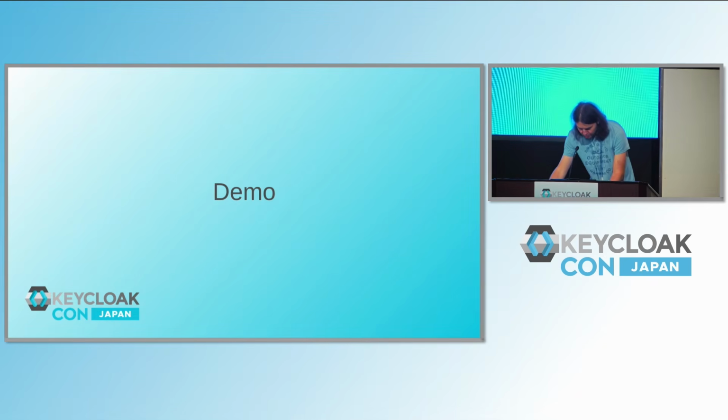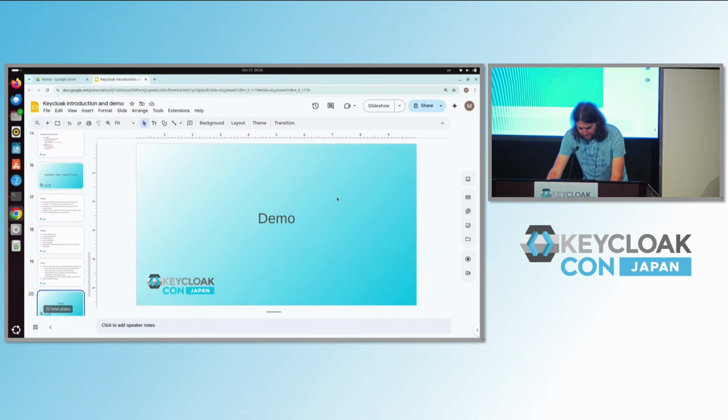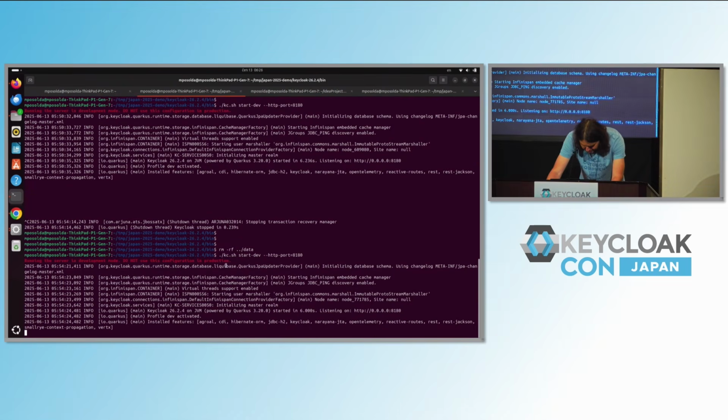So now it's time for the demo. Hopefully everything still works. I've started Keycloak as a bare metal application on my laptop on port 8180, and it's started as a Java application.